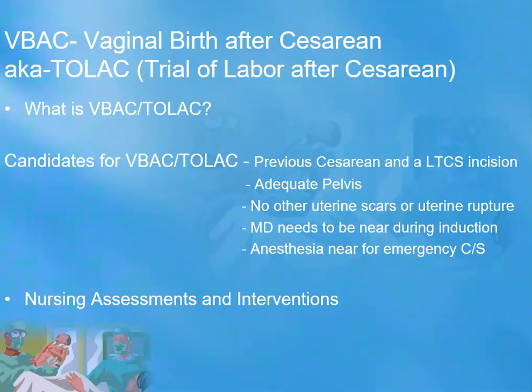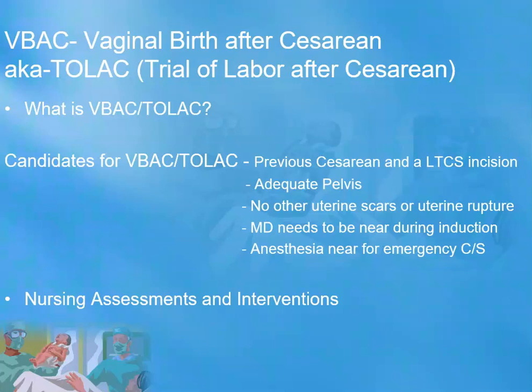Nursing assessment and interventions. Again, if they're having this, you're going to monitor them very closely. You want to make sure that that baby's not in any kind of fetal distress, for sure. Not that you wouldn't with a labor patient, but even more so, because if something's going on and that uterine wall opens and ruptures, then we got some problems.